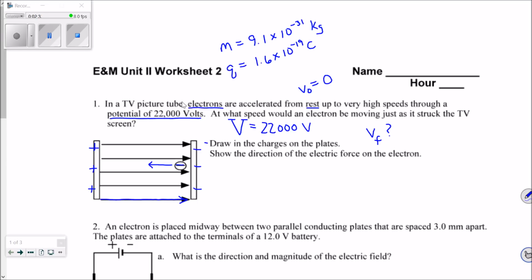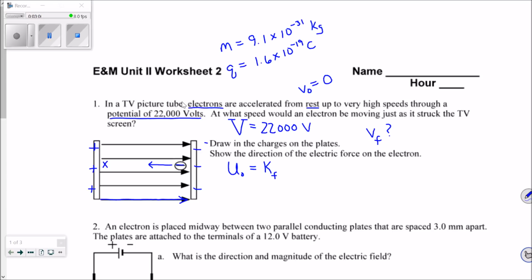So at the beginning, I have no kinetic energy, but I do have energy built up because of the position of our negative charge. So I have potential energy, original, caused by my electric field. When it strikes the opposite plate over here, it's going to have no more potential energy, but at this point it will be moving, which means we're going to have some final amount of kinetic energy.